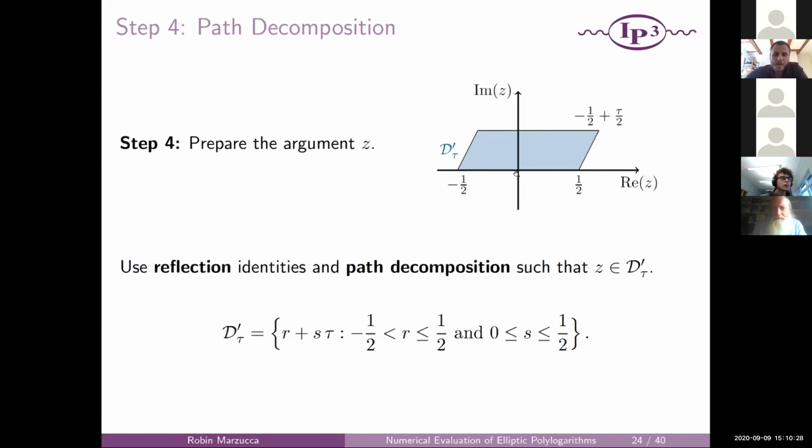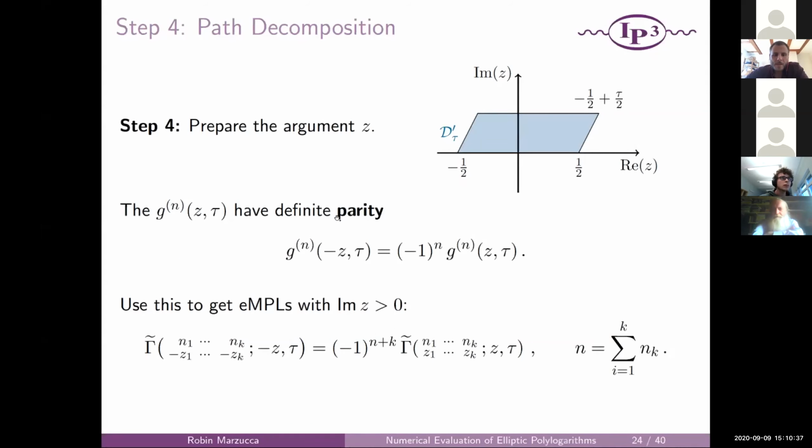First of all, if Z lies in the lower half plane, then we can use reflection identities of these G's. So we can use parity to rewrite the EMPL as an EMPL of -Z. Then Z is somewhere in the upper half plane.